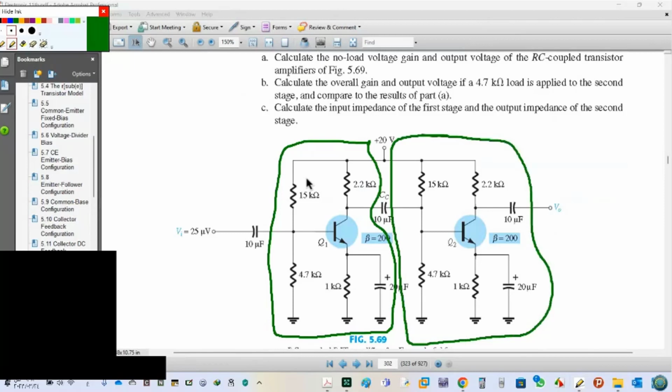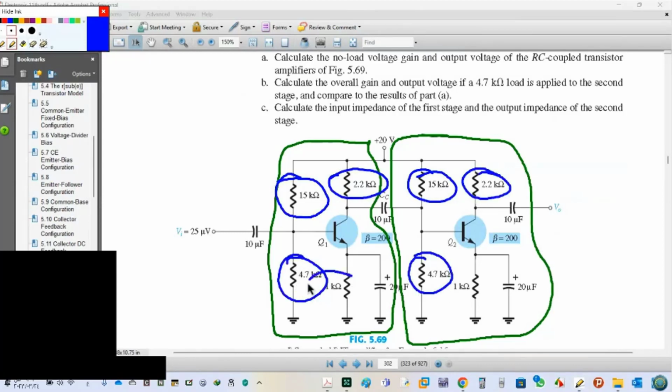Let's check the parameters: 15 same, 2.2, 2.2 same, 4.7 same, 1 kilo same.